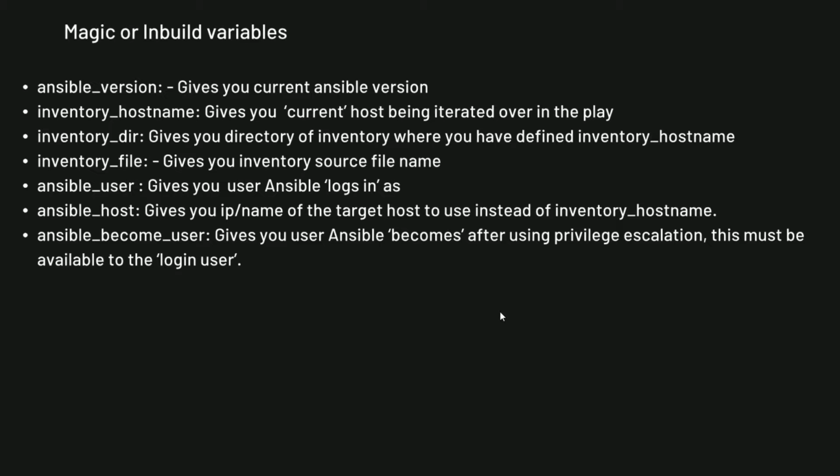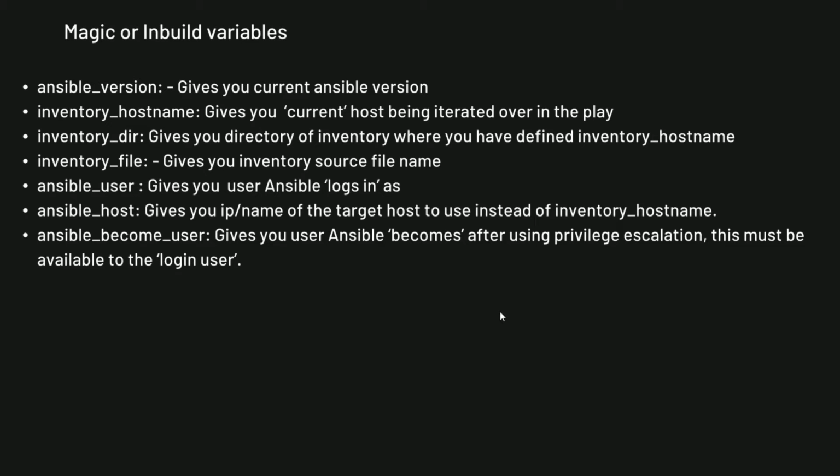Then you have something called ansible_user. How Ansible logs in to your machine and which user it has used, you can get printed using ansible_user. Then moving to the next is ansible_host. As the name suggests, it prints the IP and the name of the host Ansible connects to, right? And the last one is ansible_become_user, right?